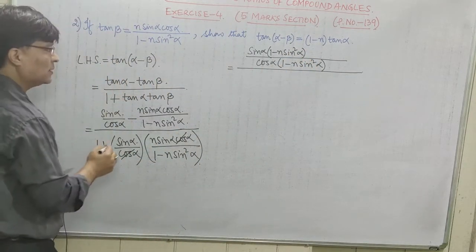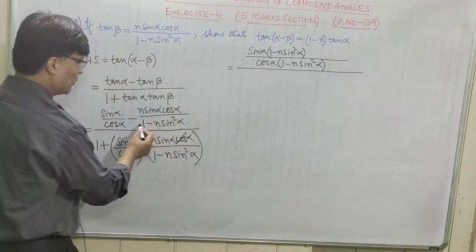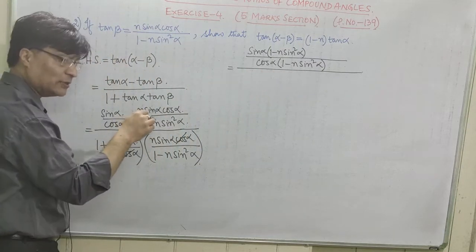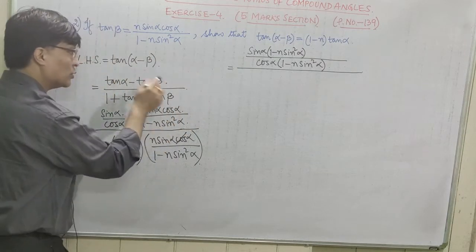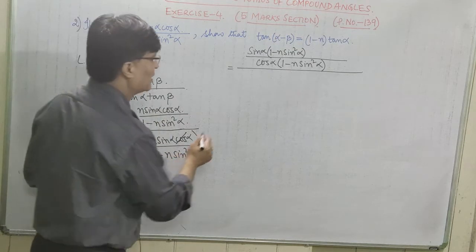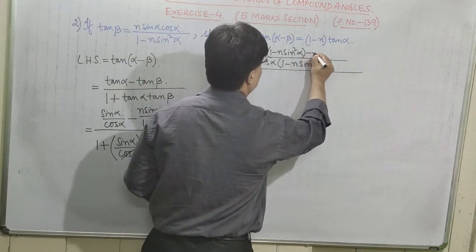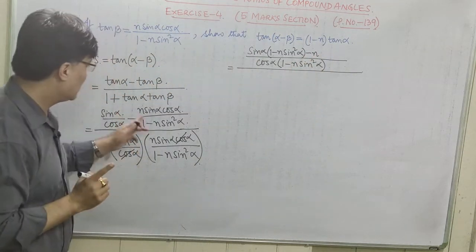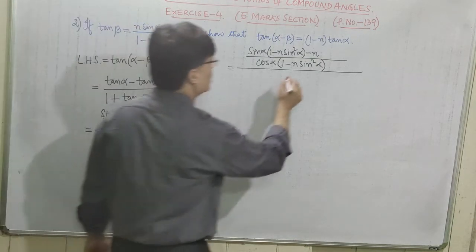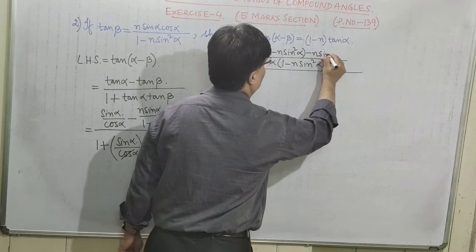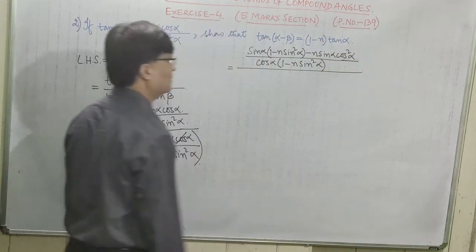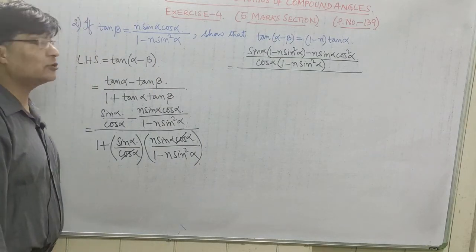Then after that, this LCM is divided by 1 minus n sin square alpha, so 1 minus n sin square alpha will be cancelled. So it is only cos alpha. This cos alpha should be multiplied by n sin alpha cos alpha. That is minus n, right? Minus n sin alpha cos square alpha. Is that clear to all of you?